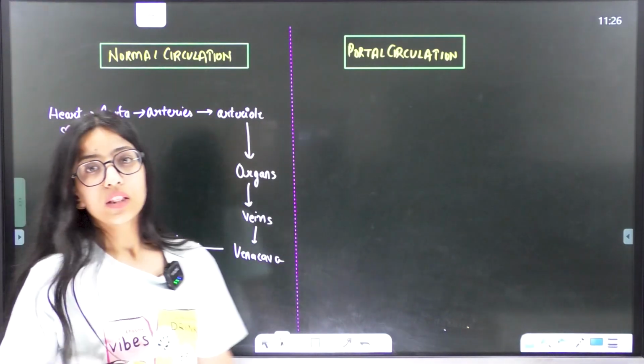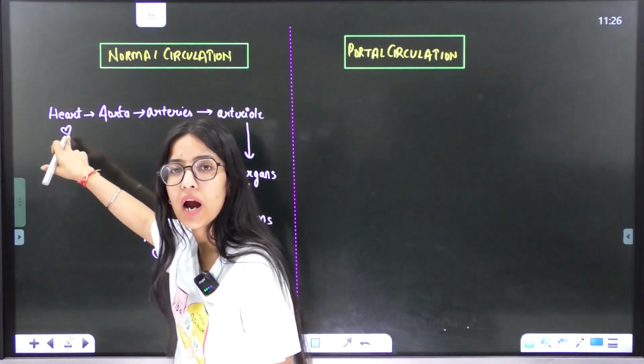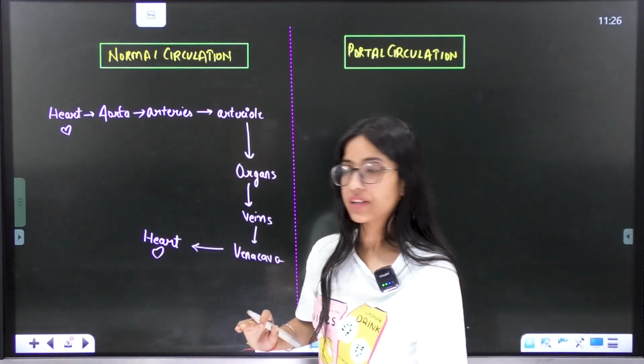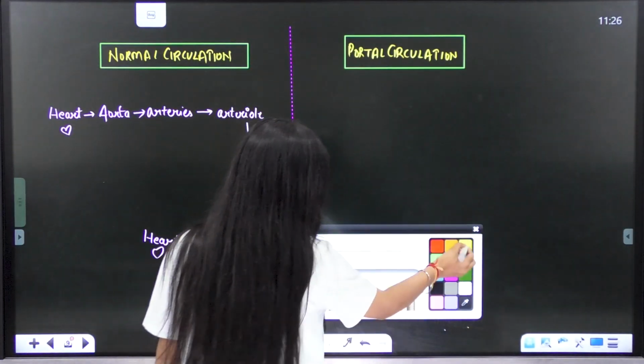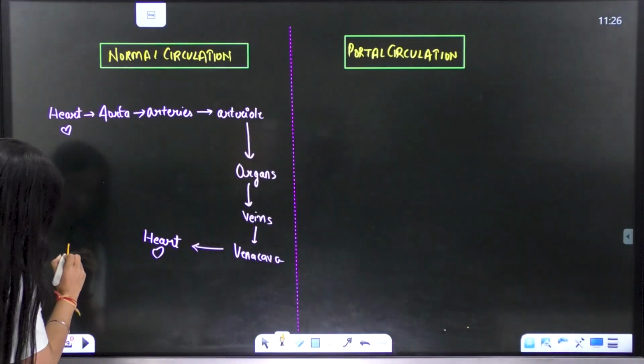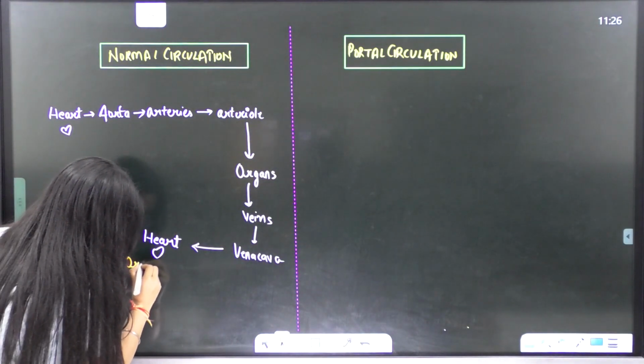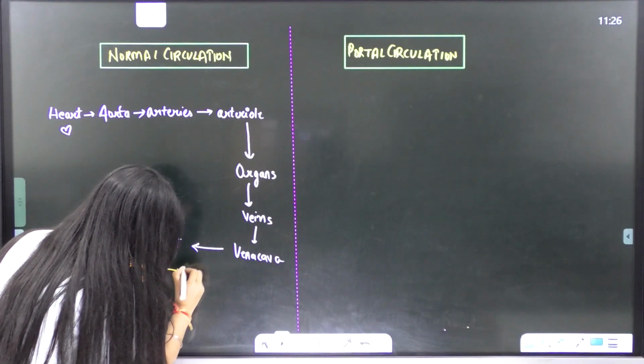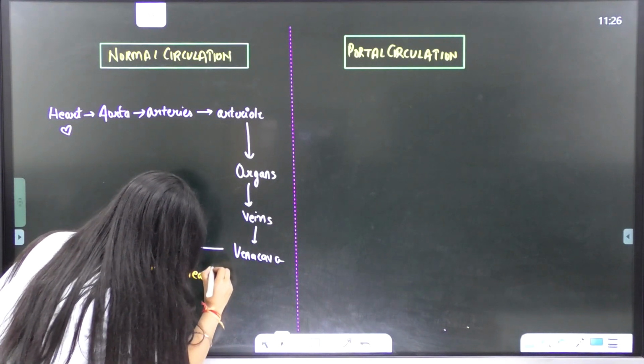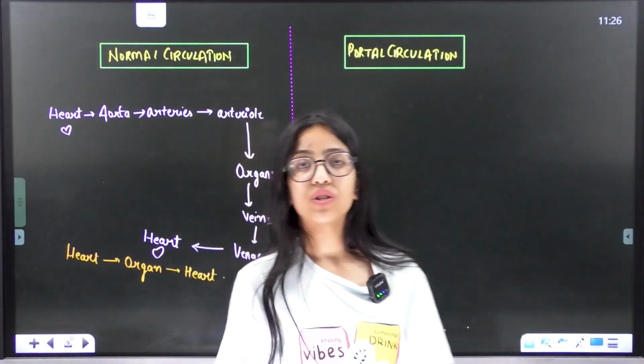So see, the circulation started from the heart and ended at the heart. We can write simply: heart, organ, heart. Okay, this is normal circulation.